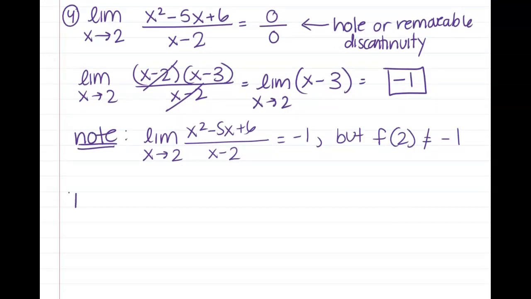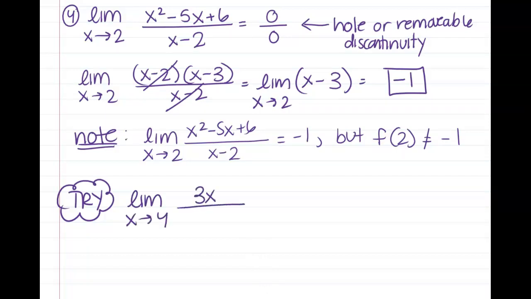Let's try some more. Let's do the limit as x approaches 4 of 3x over x squared minus 16.